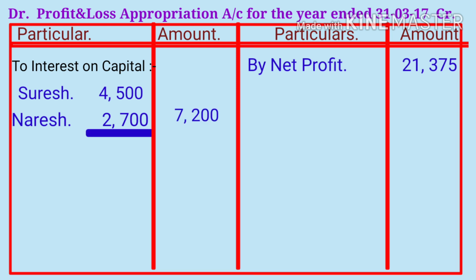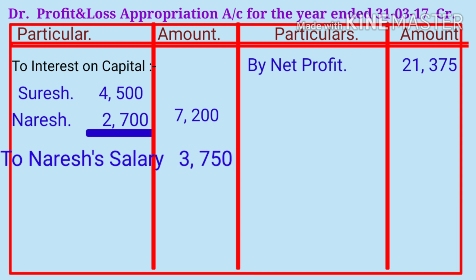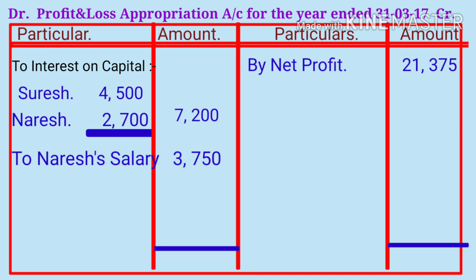And the next item is Naresh's salary, 3,750. Now we have to total both sides and see which side the amount is more. The credit side has the more amount, 21,375, and we will deduct all expenses from this 21,375 and we will get the balancing figure 10,425. This is the net profit. This is the divisible profit.